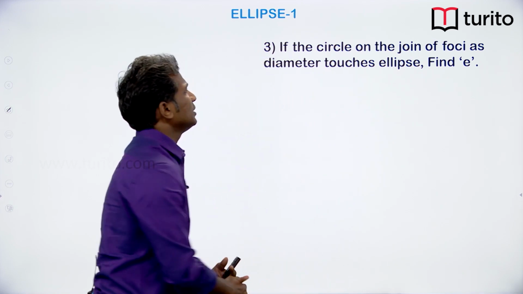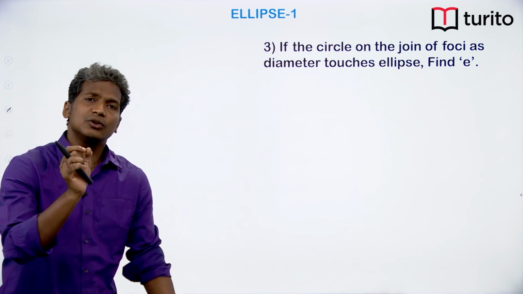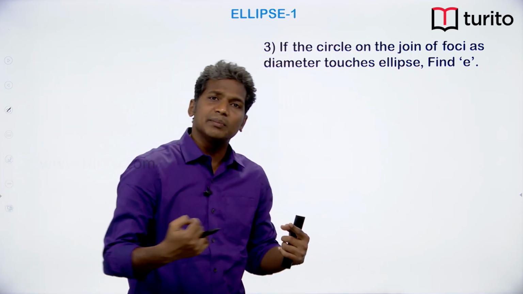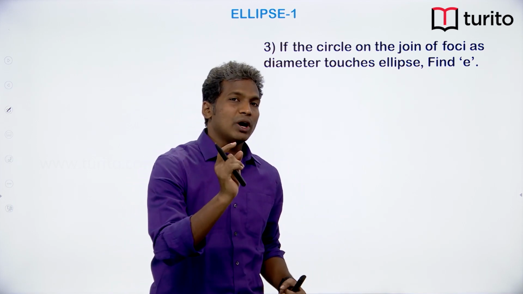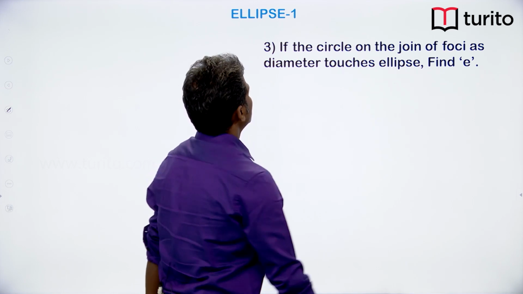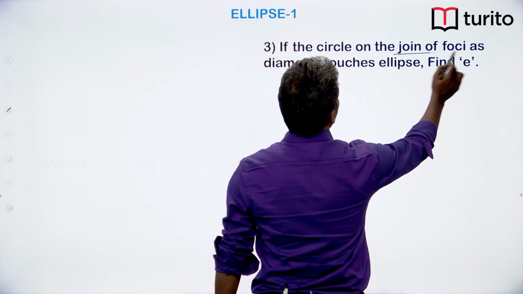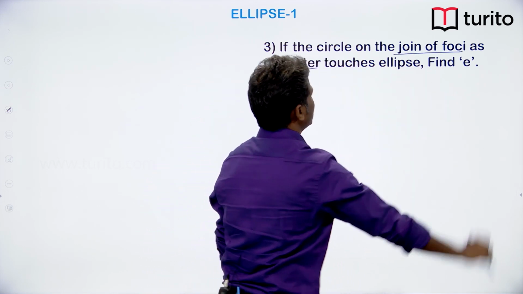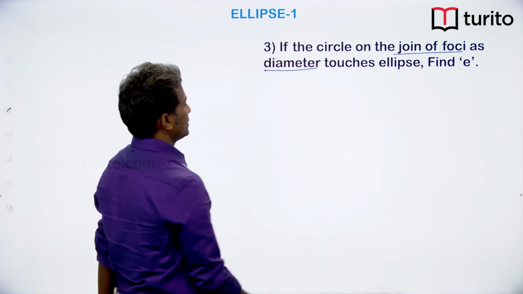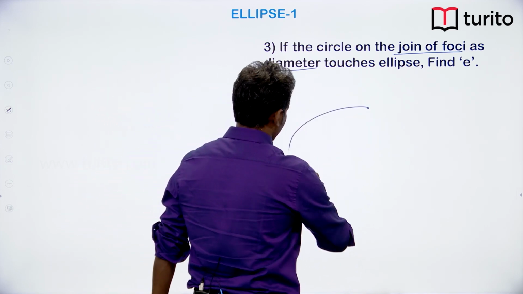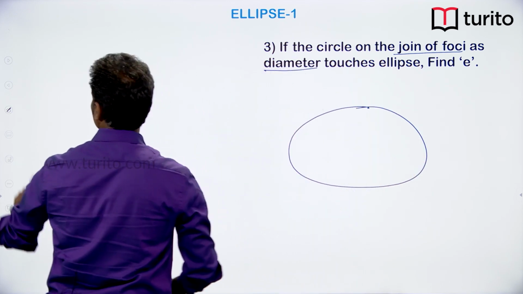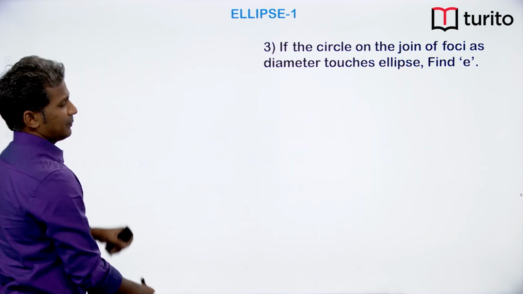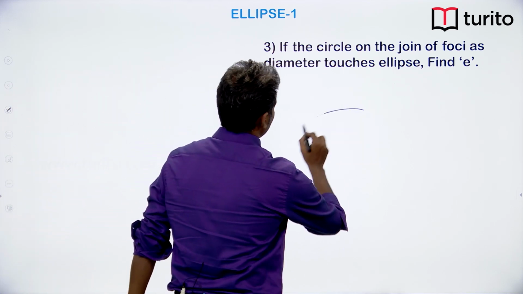If the circle on the join of foci, what is the meaning of join? It means the line segment which is joining two points. So join means line segment. Okay. So if the circle on the join of foci as diameter touches the ellipse, so that means let us say I have taken one ellipse here. Because I have changed the pen, we are not getting the ellipse properly.